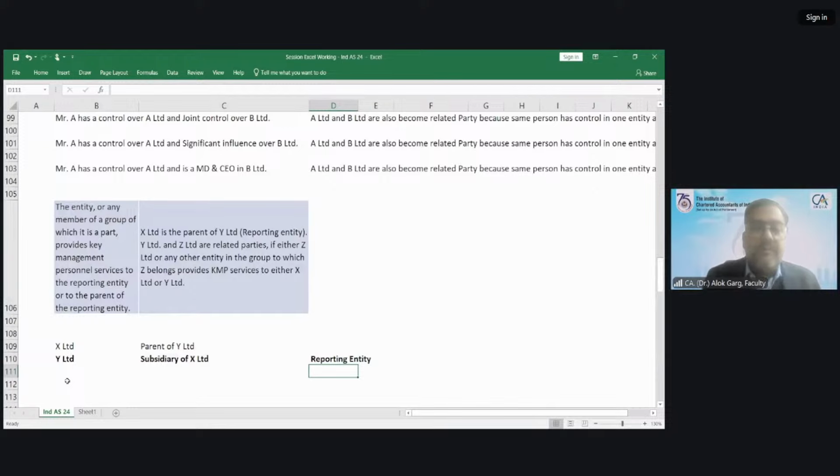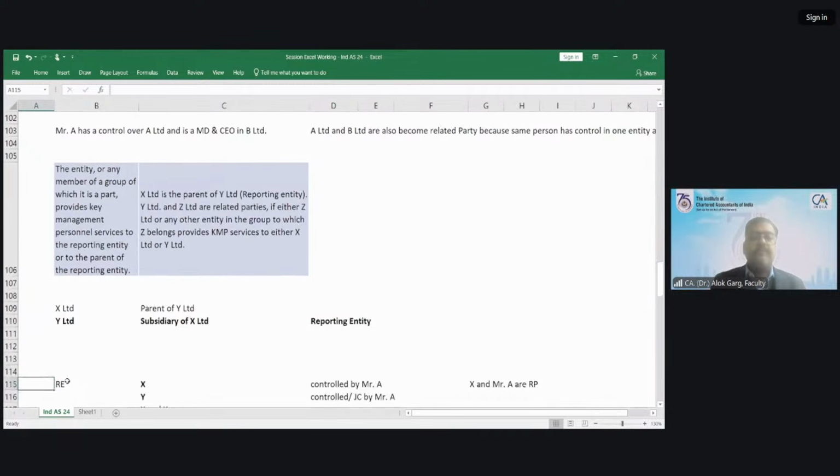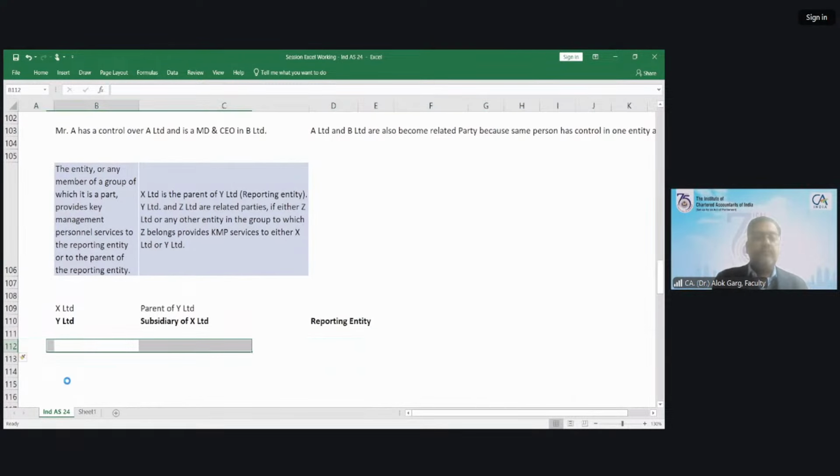Okay. Now, Z Limited provides KMP services. Z Limited provides KMP services to either X Limited or Y Limited.